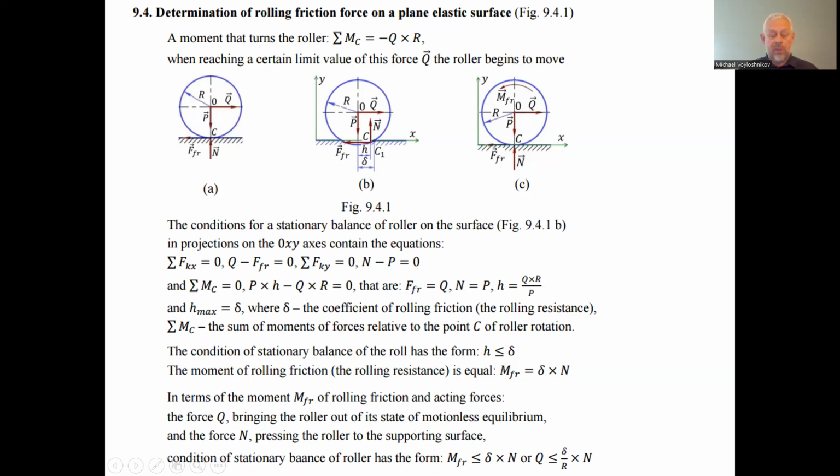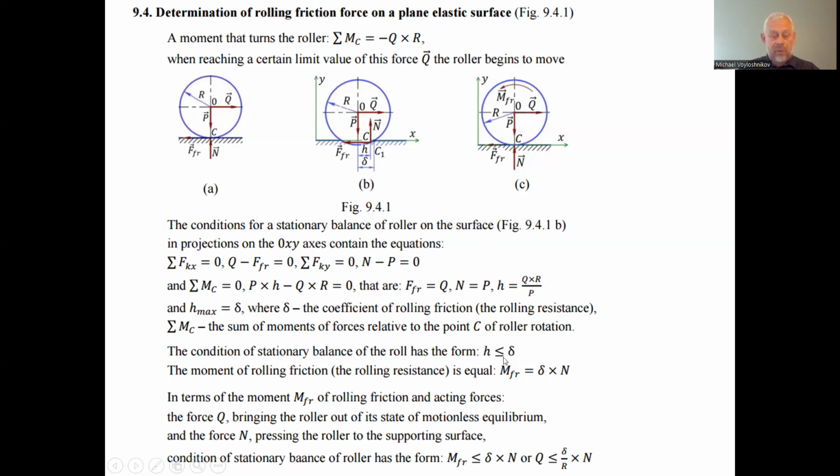The condition of stationary balance of the roller has the form: the moment of the resistance of the rolling has to be less. This is the condition of the rest of this roller, and it has to be less than delta multiplied by N. Or Q, the transverse force, has to be less than delta N.